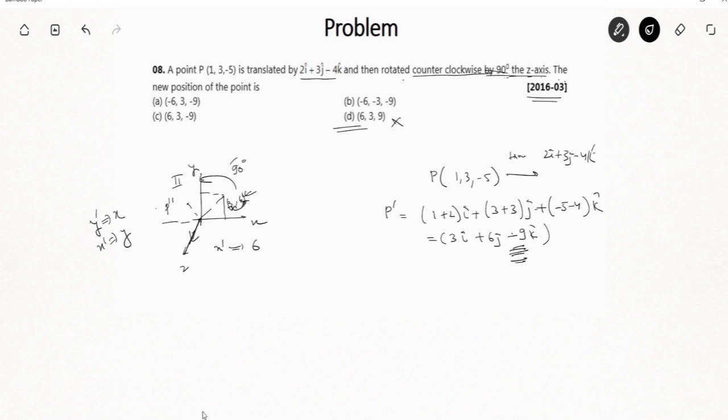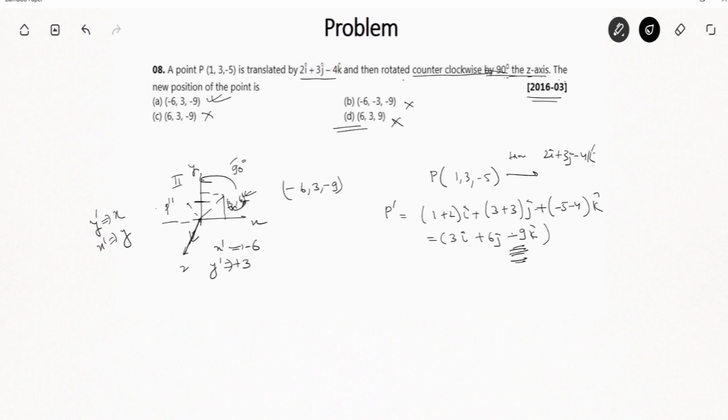But it is lying in the second quadrant where x is negative, so x dash will be minus 6, and y dash will be old x, which is 3, and y dash is still positive because in the second quadrant y is positive, so y dash is plus 3. So the new coordinate will be (-6, 3, -9). So these two will also get eliminated and the right answer is option A.